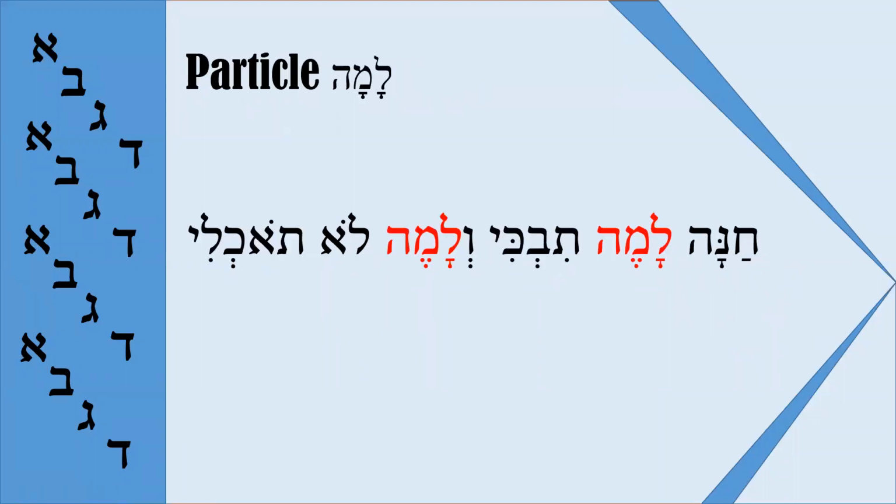And we have another particle, and this is the particle lama. Actually, it is very easy. This particle sounds like lamma, and it has some other ways it is written. It could be with a dagesh in the letter mem. It could be lemma, lama, lamma.